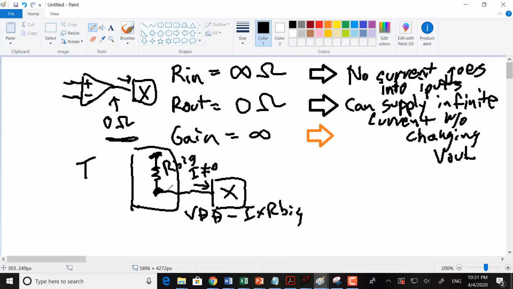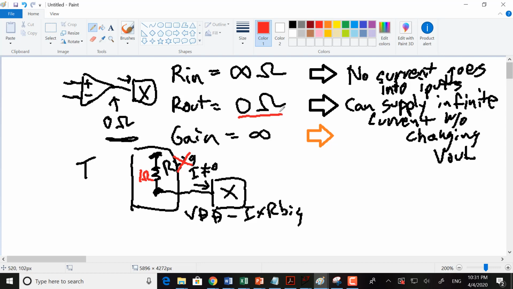If you were trying to get VDD on your output, it's not going to be VDD anymore. So when you think of an Rout equals 0, this is not big anymore. Now it's R small. Instead of R big, let's make it R small, 0 ohms.